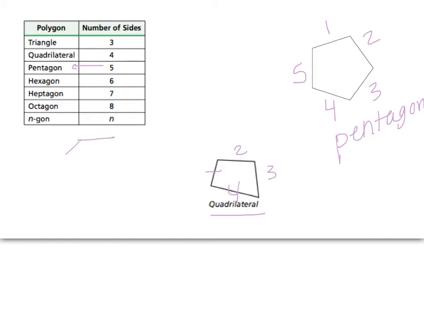You should have come up with something like this, something that has 6 sides. Now notice how all of these are closed. What that means is there are no shapes that are left open like this or that have a gap right here. That is what we do not want, something that's not closed.